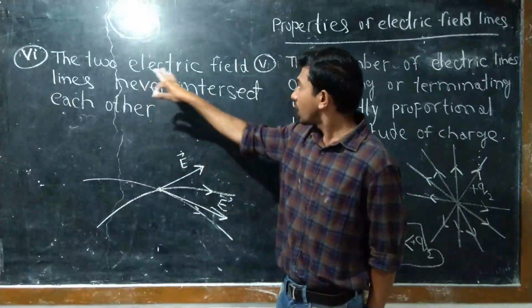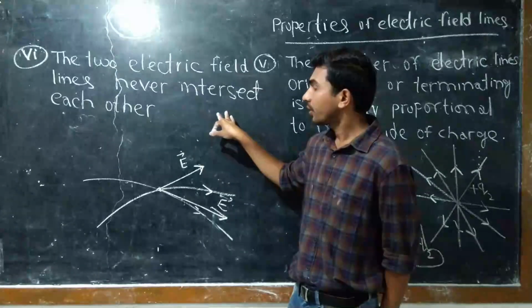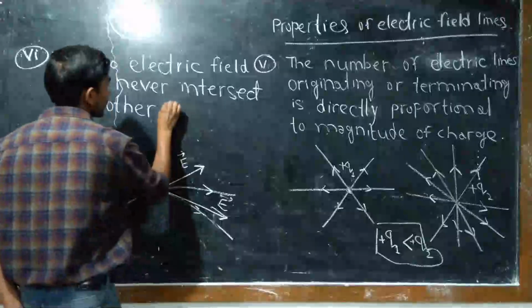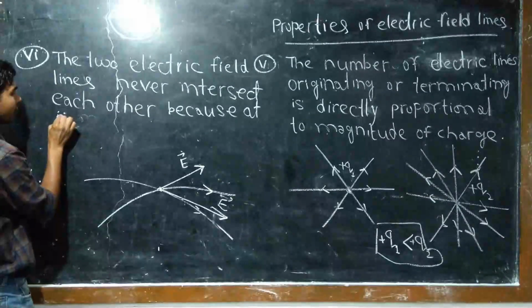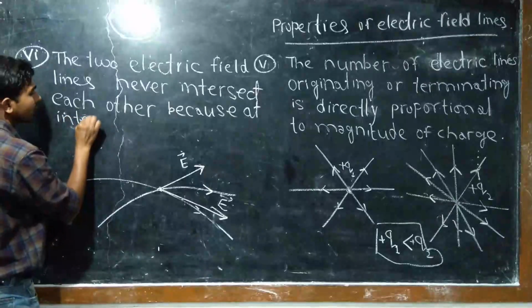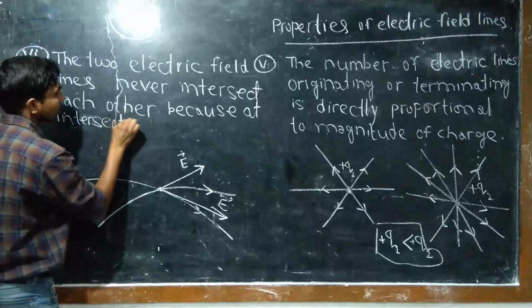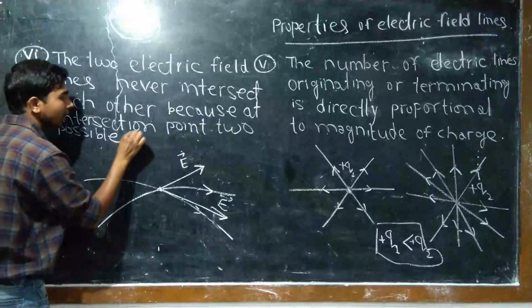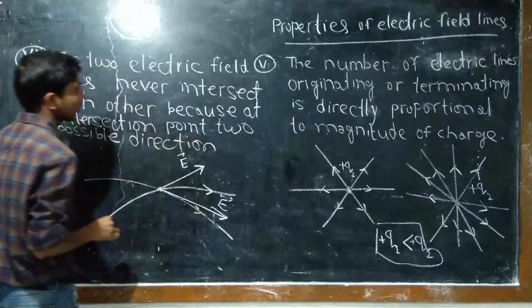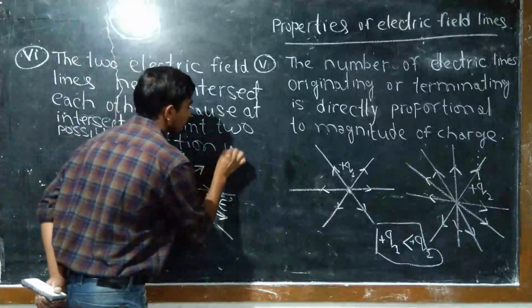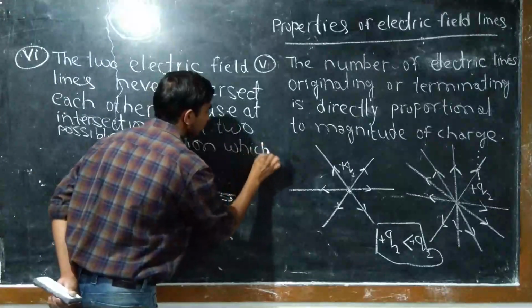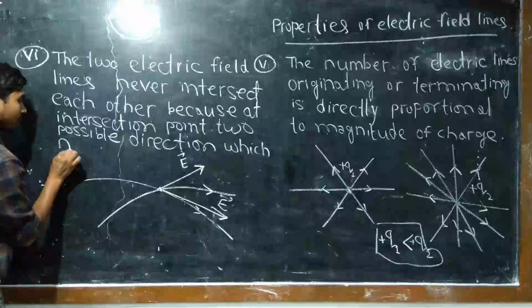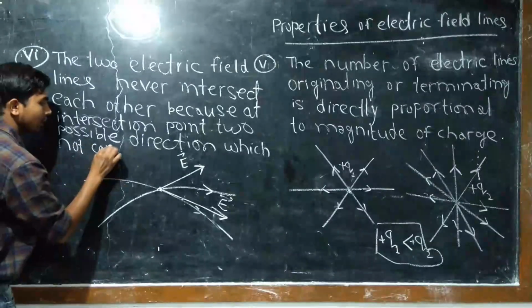That's why two electric field lines never intersect each other, because at intersection point, two possible directions, right? This is not correct. Okay.